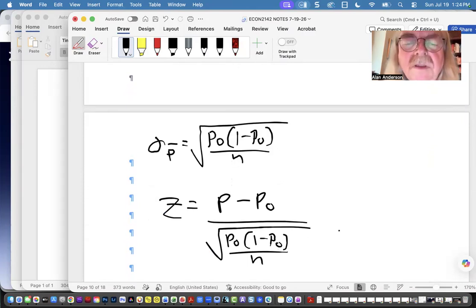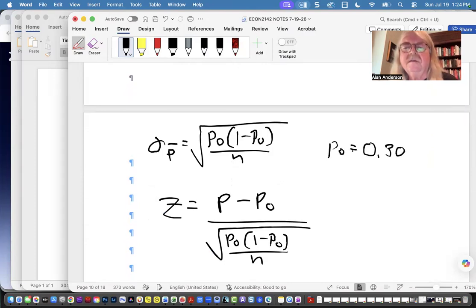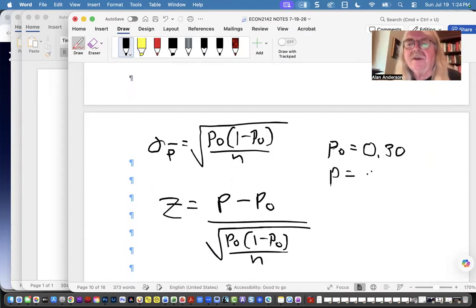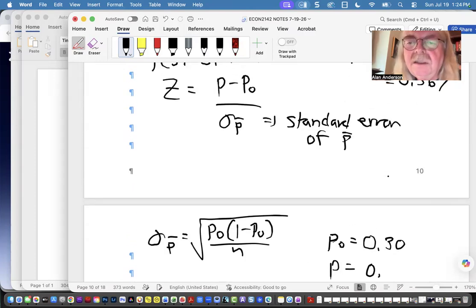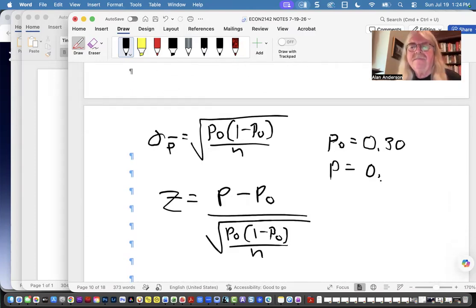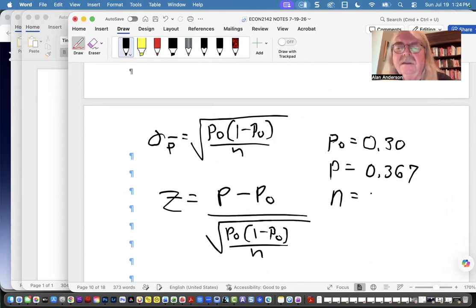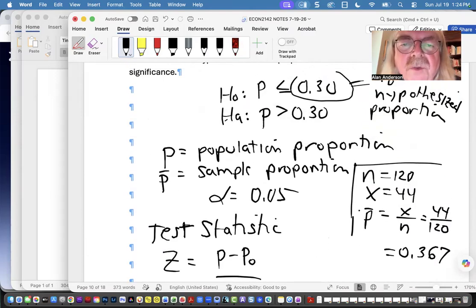All right, so the hypothesized proportion is 30%, and the P, the sample proportion that we just calculated, is 0.367. And of course, N is 120.